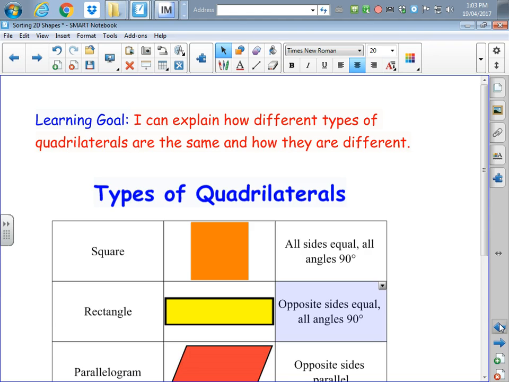My chart says that all sides are equal in the square and that all of the angles are 90 degrees. What's new there that you aren't sure of? What's the new thinking or new learning there that you're not sure of? Levi? 90-degree angles. Okay, so let's try to figure this out. We know where the angles are.